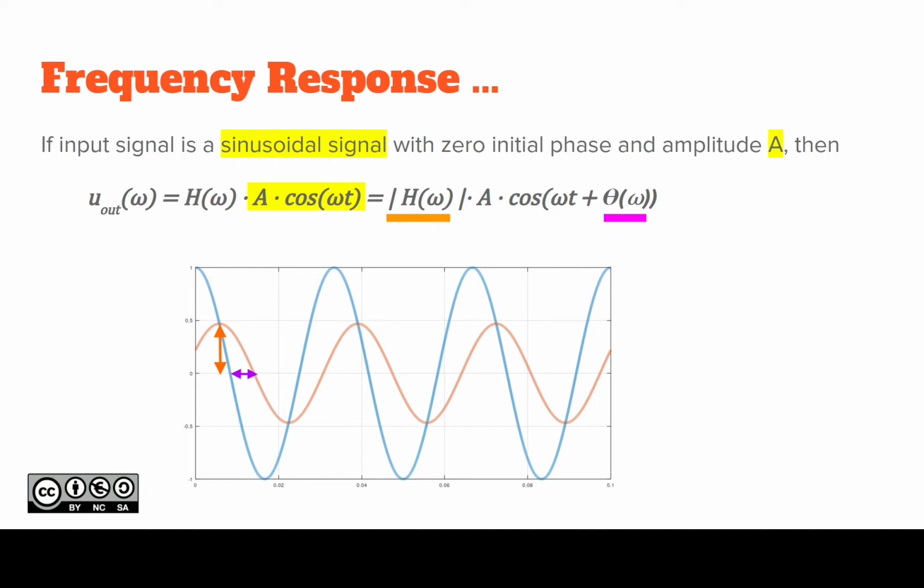So phase shift on sinusoidal signals also always marks the actual time shift, how much the signal is delayed in the system in time.